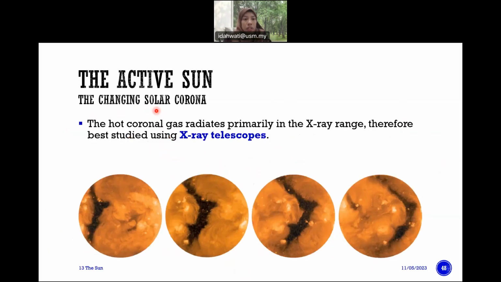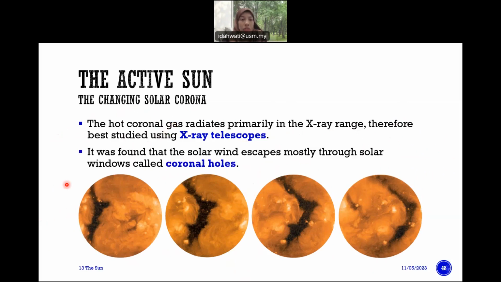Okay, so the changing solar corona. Okay, we have the hot coronal gas, which radiates primarily in the X-ray range, using the X-ray telescope. So we can see the hot coronal gas, how it radiates in the X-ray range. And also it was found that the solar wind escapes mostly through the solar windows, called the coronal holes.